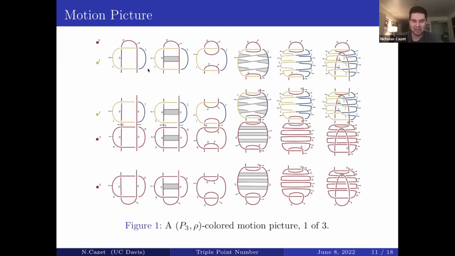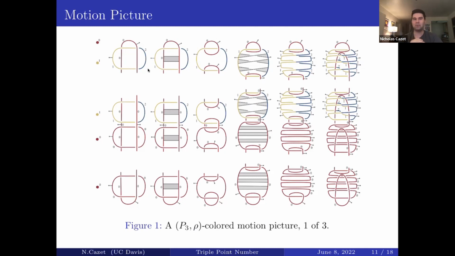It's called a motion picture. So this is like a Morse decomposition, and I'm taking cross sections as I go up the surface link. The gray bands are bands, so they correspond to the saddles. The coloring of the link diagram, I truly want to color a broken sheet diagram, but if I had a broken sheet diagram of this, we couldn't see where the triple points are going to be in here.